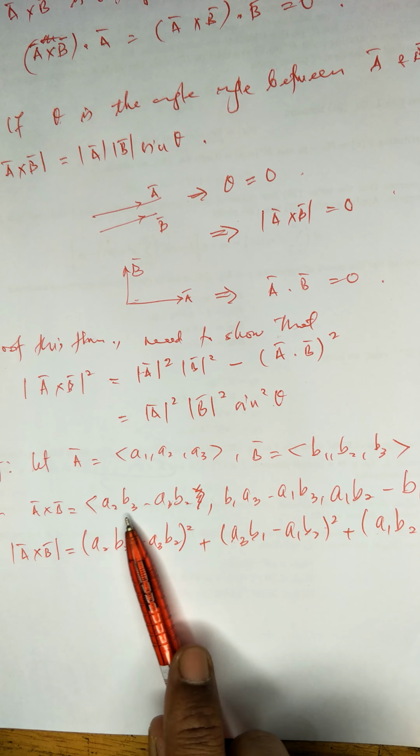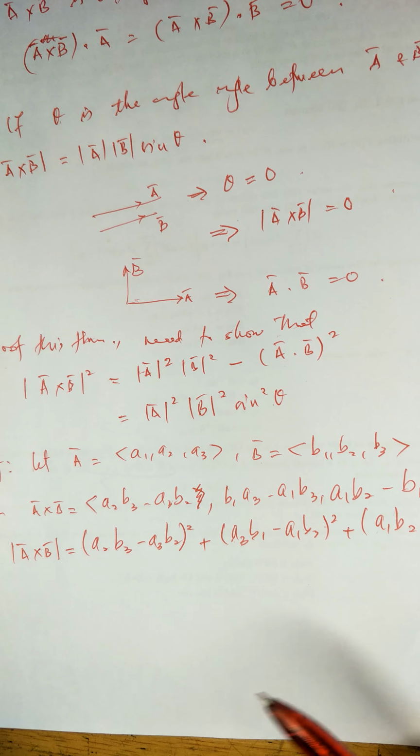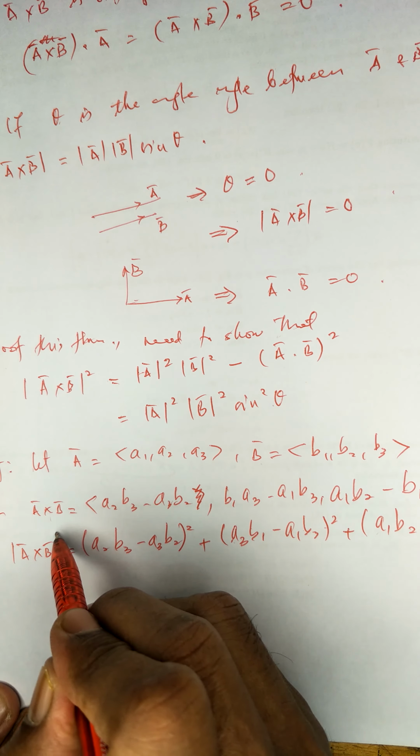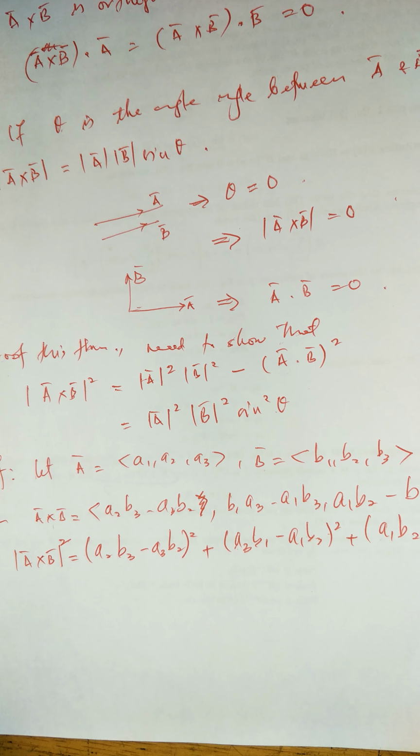This is the component of A cross B, and we should have squared here; without the square, we need a square root on the right-hand side.